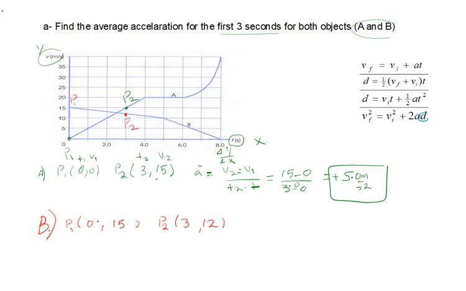So when you do your acceleration, again, I want to see all these points, especially the step where you put the numbers in, because that's where a lot of people usually make mistakes. So we're going to go with 12 minus 15 over 3 minus 0, which would be negative 3 over 3, or just negative 1.